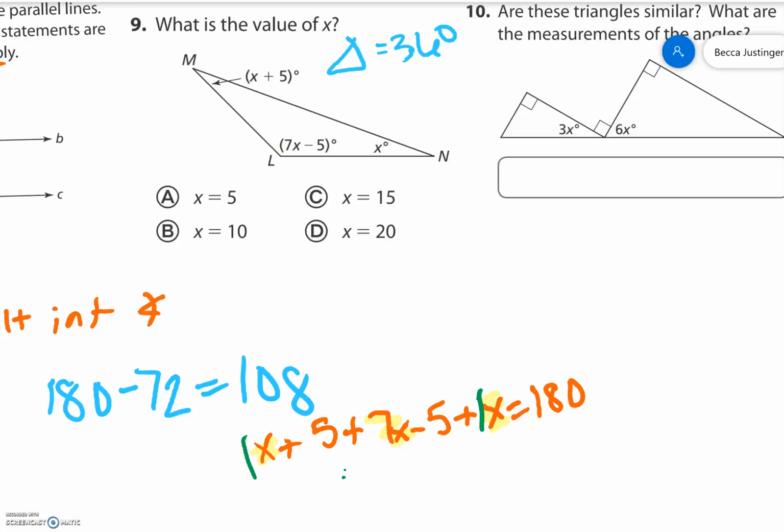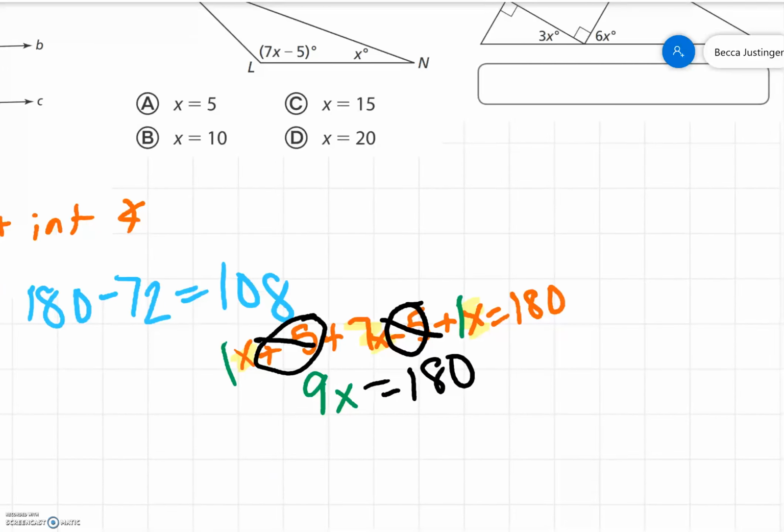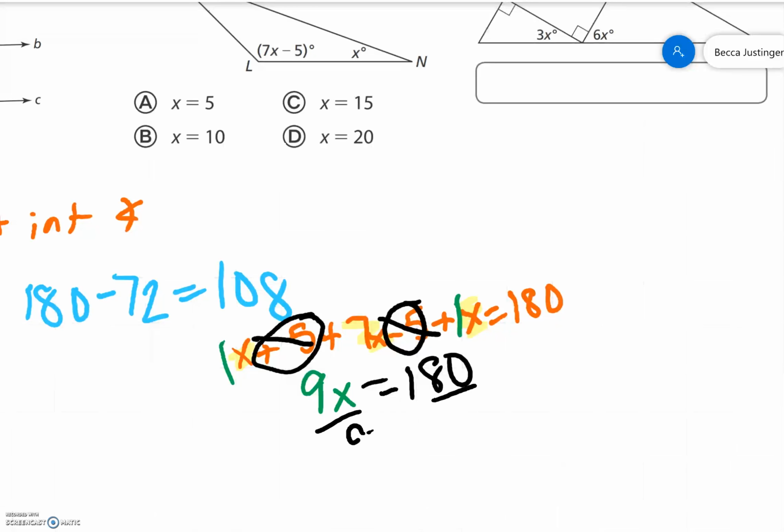So 7, 8, 9x. And then I've got a positive 5 and a negative 5. Those numbers are opposites. They cancel each other out. So 9x equals 180. To solve for x, I'm going to divide by 9. X equals 20. Boom.